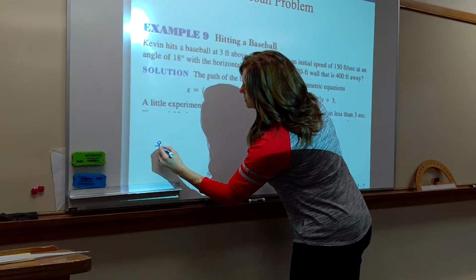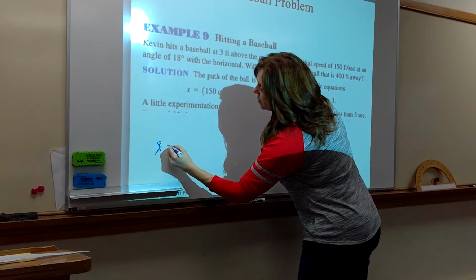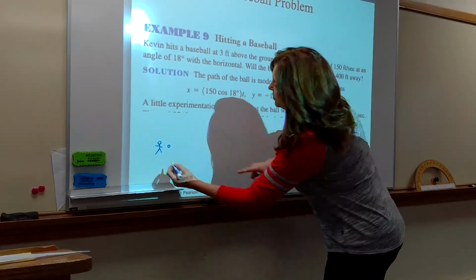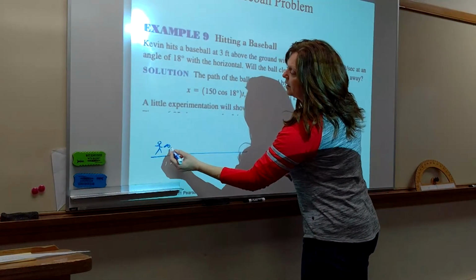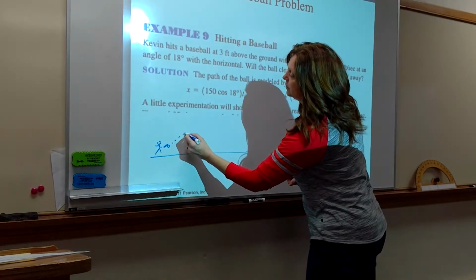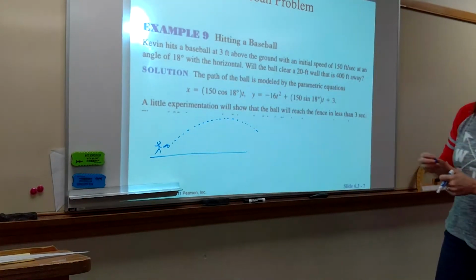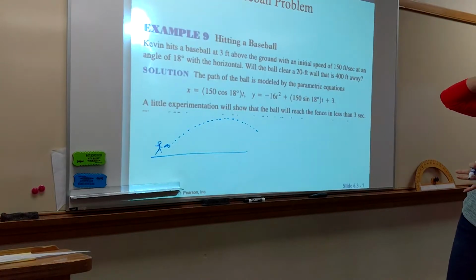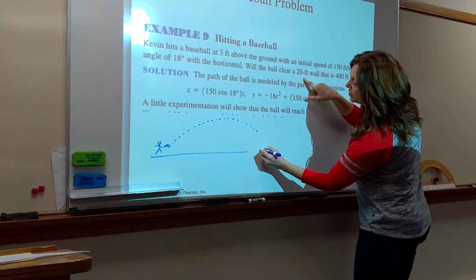You've got this dude over here, and he hits this ball 3 feet off the ground. The ball's coming at him, he hits it with his bat, and then the ball, of course, is going to have this kind of trajectory or path. The question is, will it clear a 20-foot wall? So there's a wall over here.